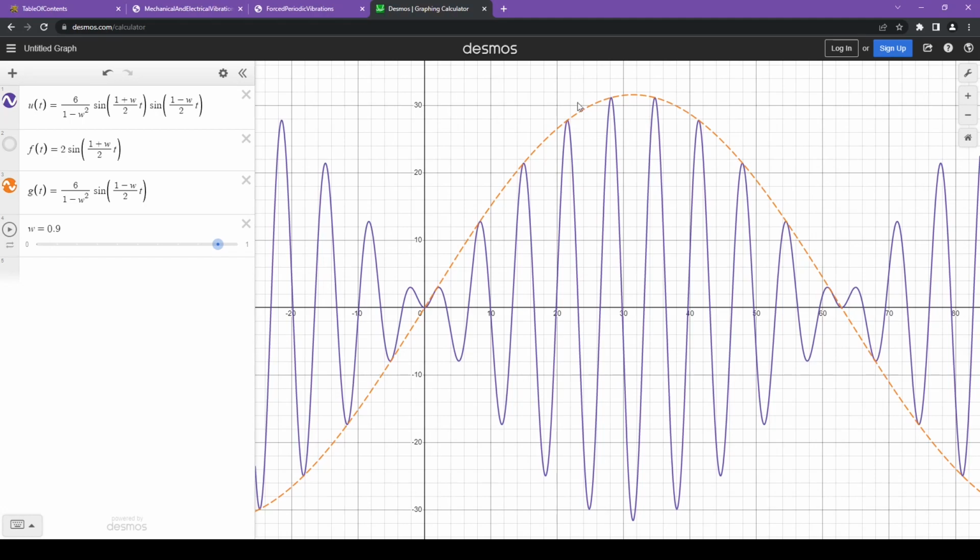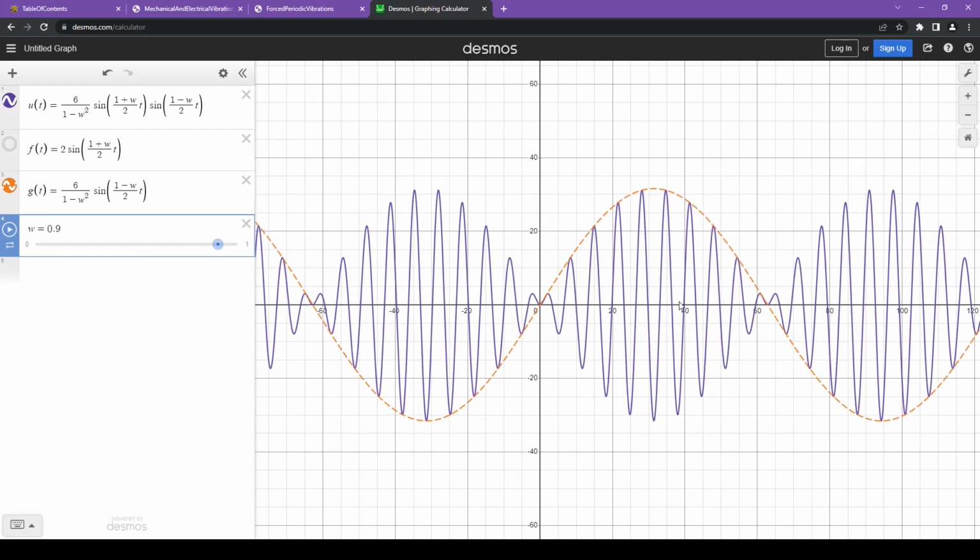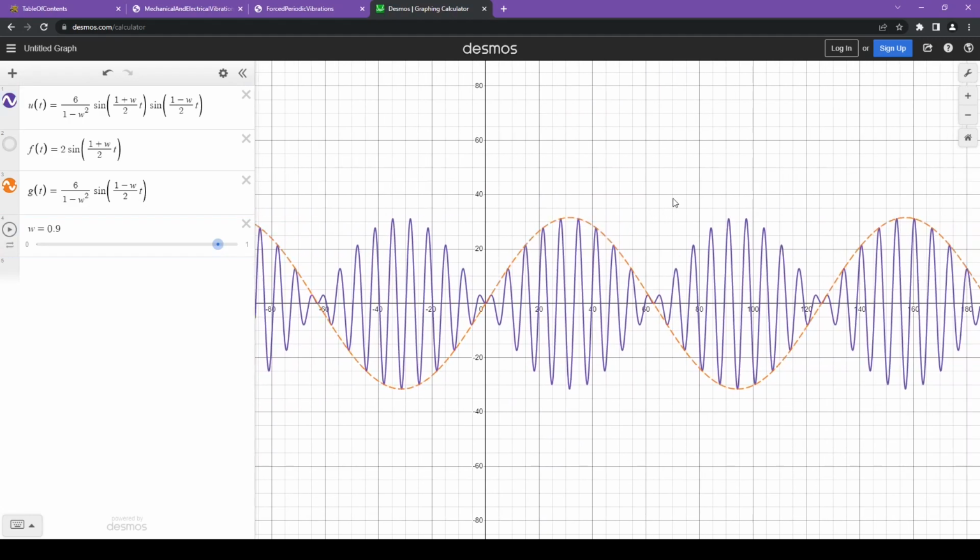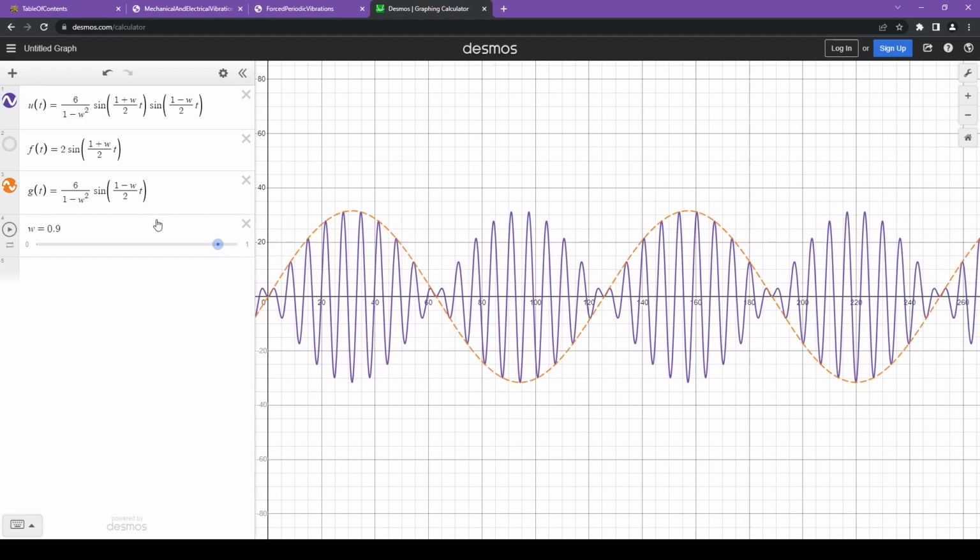In the example of this particular function, there's a reason why we're not allowed to have our W go to 1.